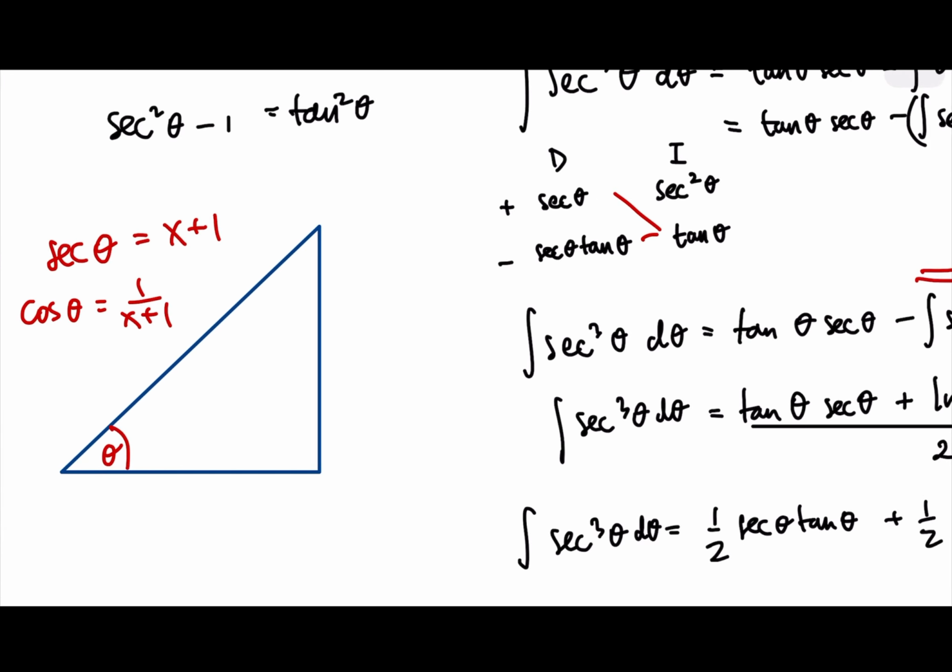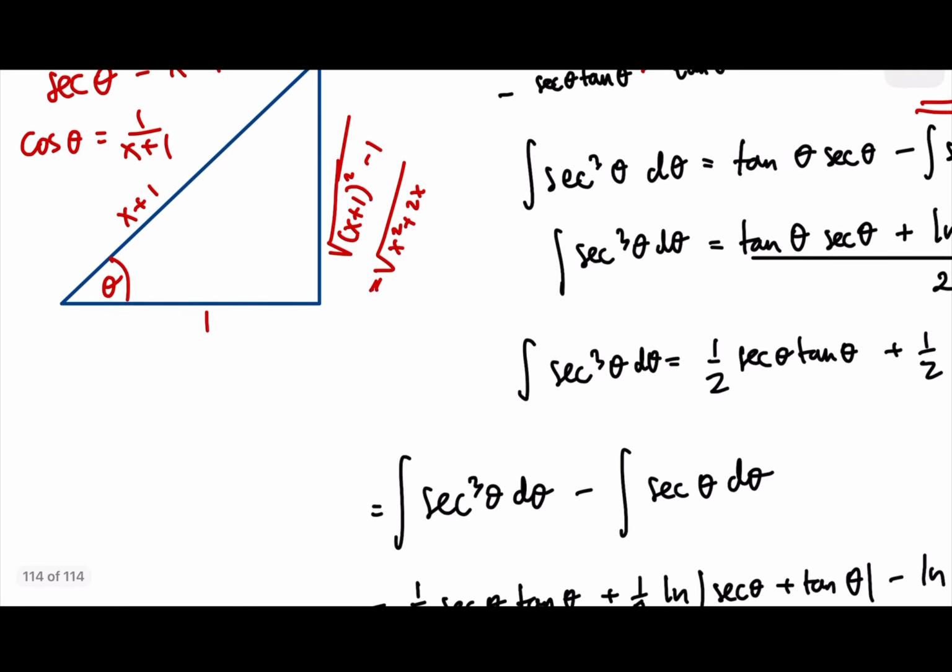So cos will be 1 over x plus 1, this is the hypotenuse. And this side here will be x plus 1 squared minus 1, right? Or this will result in x squared plus 2x.